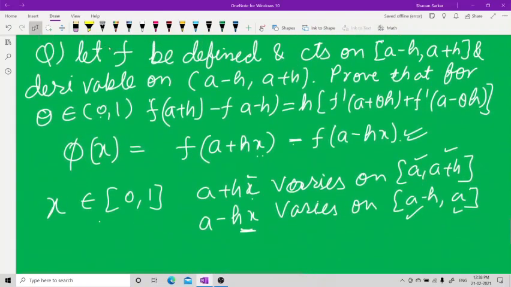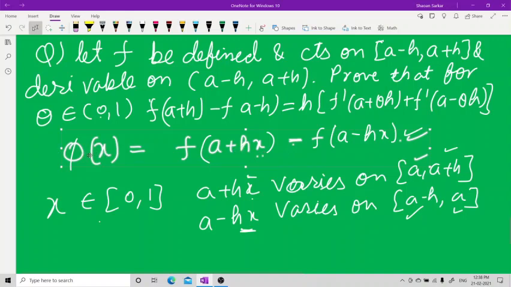Now this function is continuous and derivable. The sum or difference of two continuous functions is continuous, and the sum or difference of differentiable functions is also differentiable.